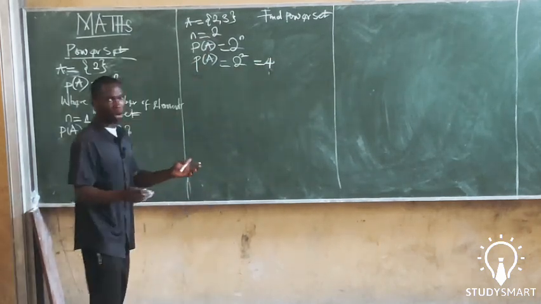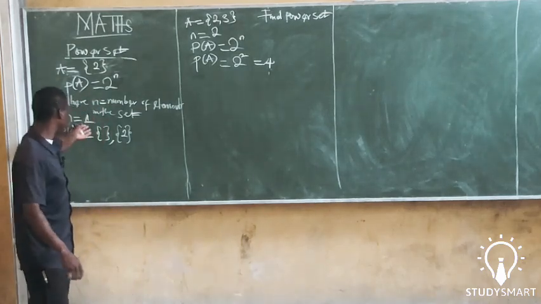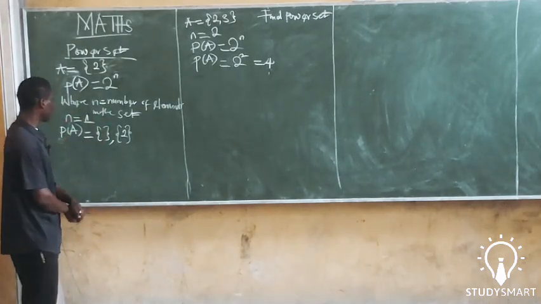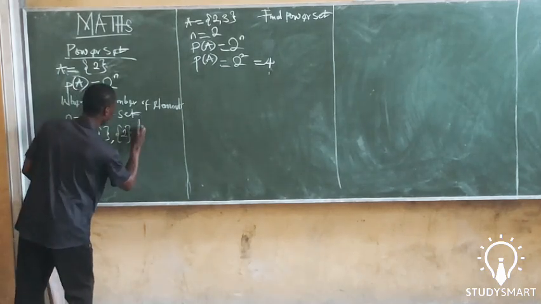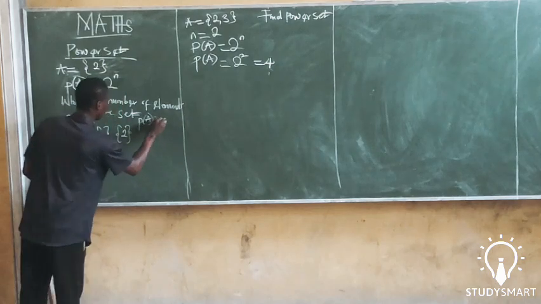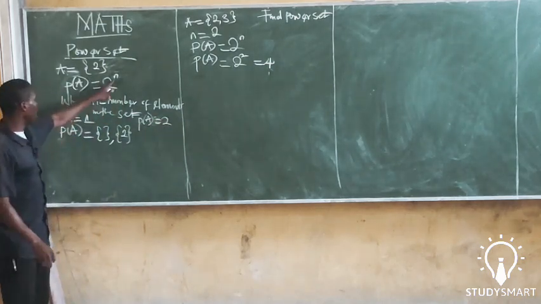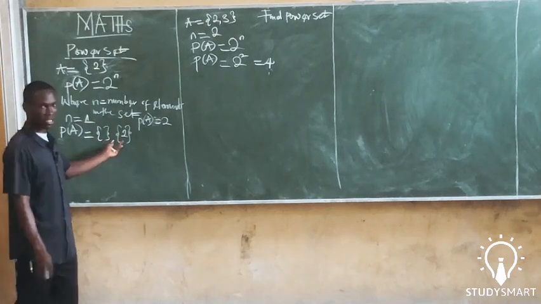Which means that the number of subsets I'm going to be having should be 4. Unlike this one, where the number of subsets is 2, because P of A equals 2 raised to power 1, which is 2. So I have 2 subsets in this case.